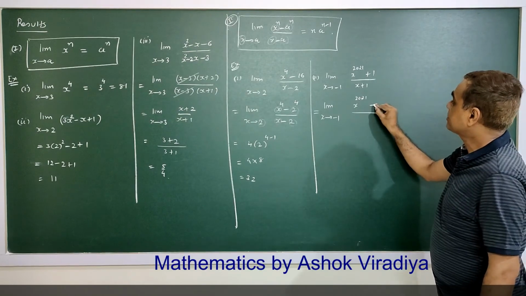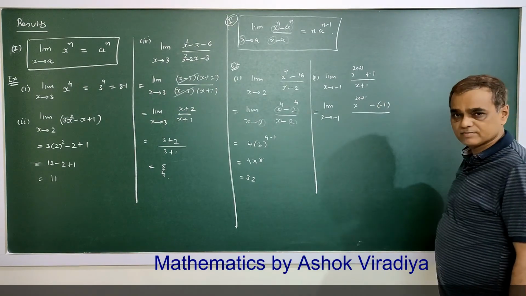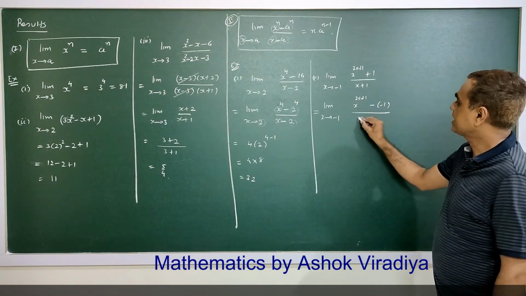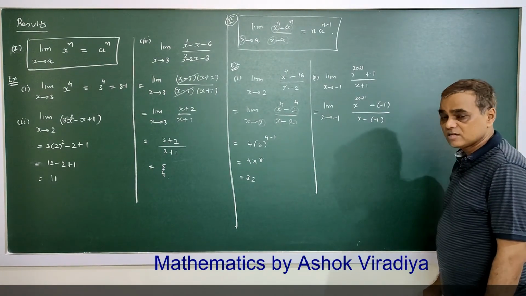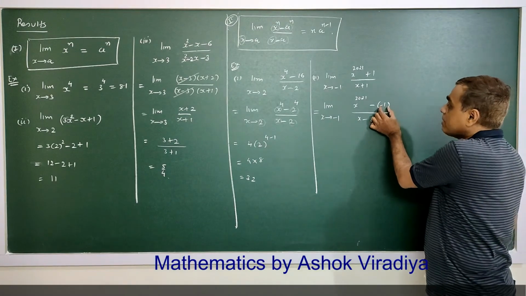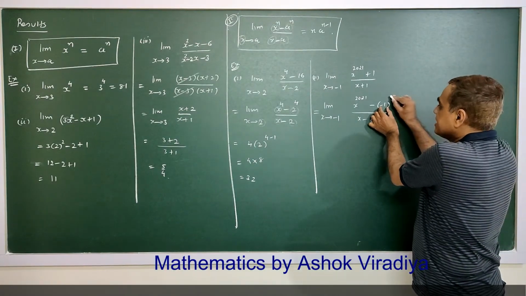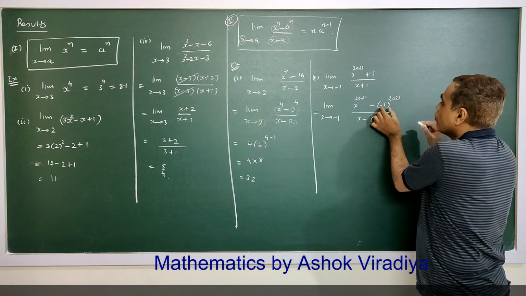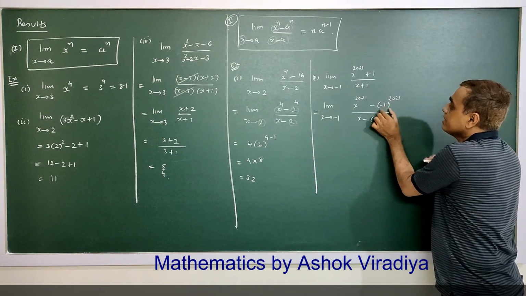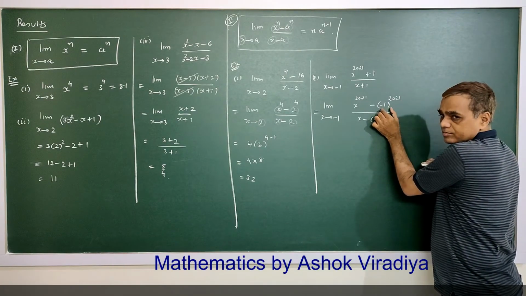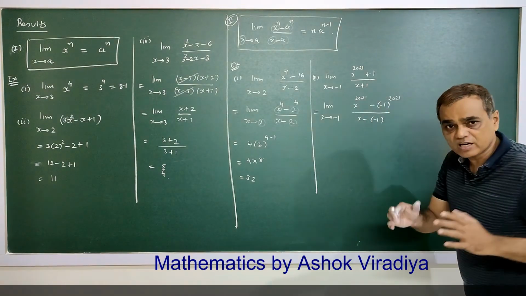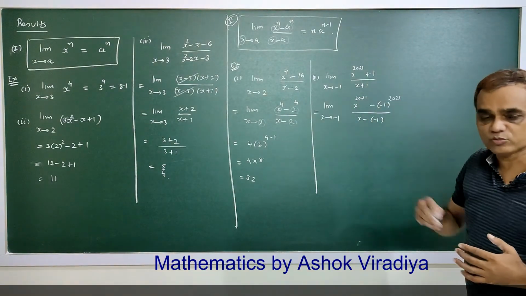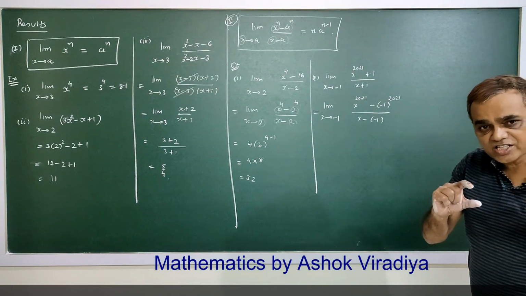Plus 1 can be expressed as minus of minus 1. Now this is minus 1, and if we keep 2021 over minus 1, then the value remains the same. Still it is minus 1. So minus minus plus 1. Without changing the given value, we can change its pattern.